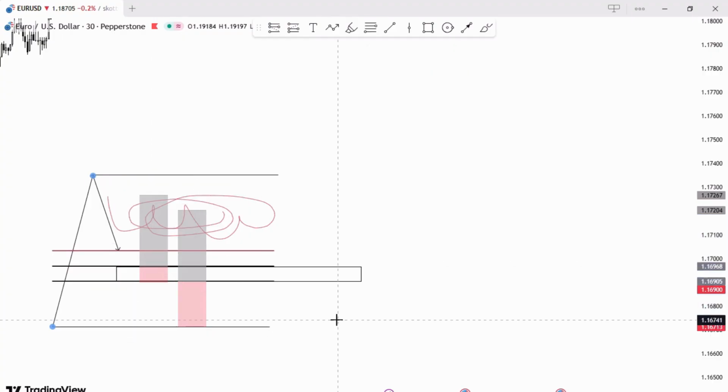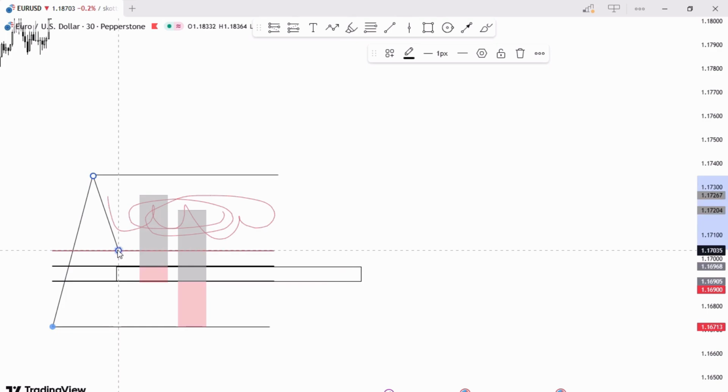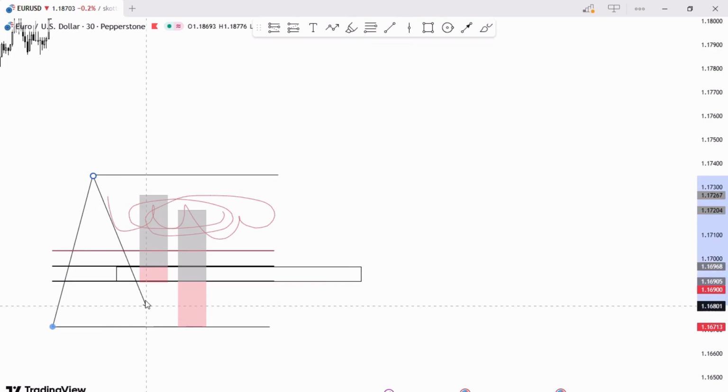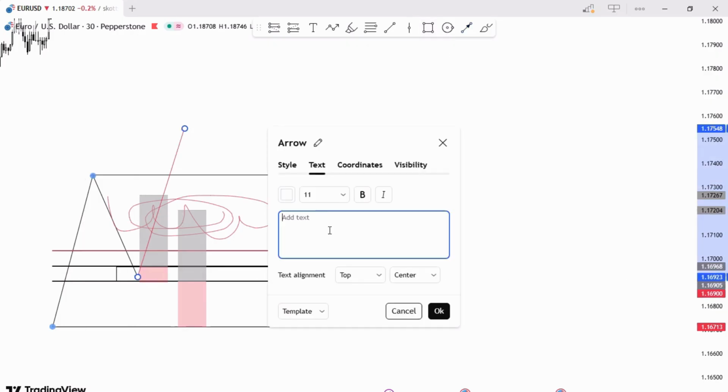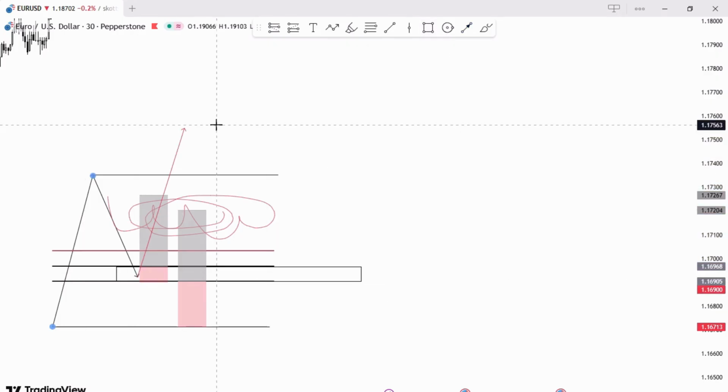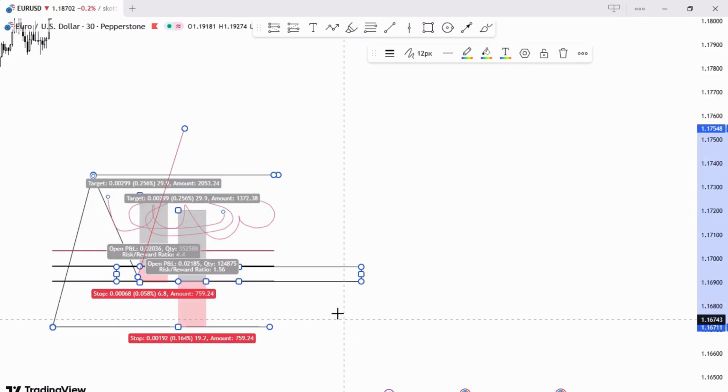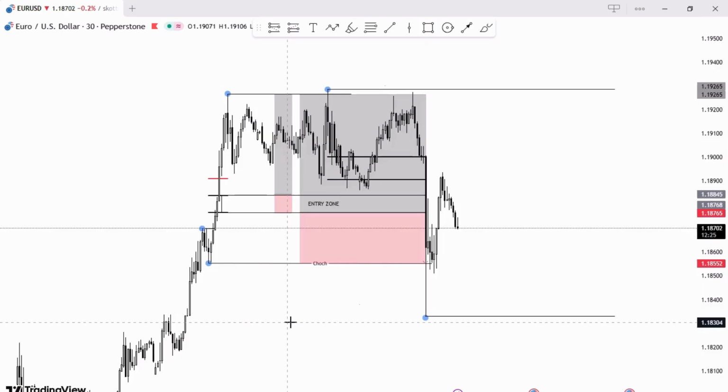And then what I'm hoping for is for price to tap into my area of interest and then continue to the upside with the original trend. Now, with this trading setup, you will clearly see what I've just explained.